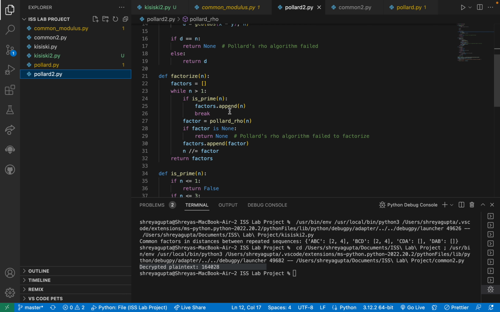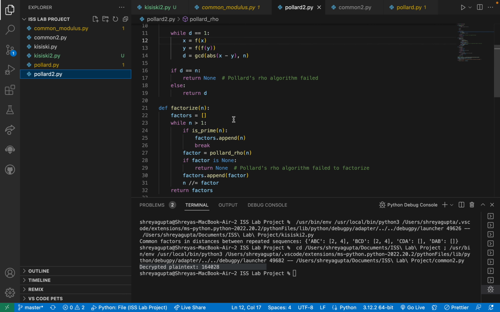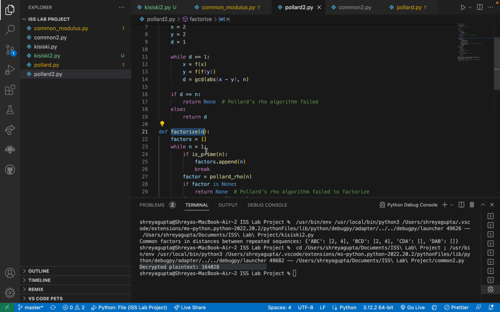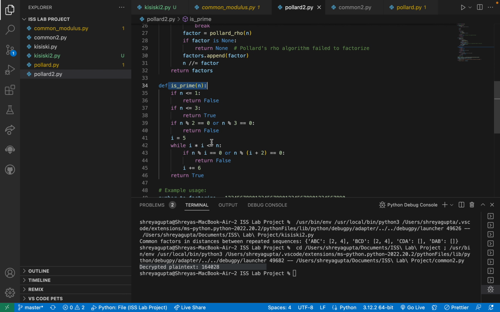So we have the code of it here. We are using a sequence of numbers to find non-trivial factors of the output. It includes a function to check if a number is prime. We have a function factorize that utilizes Pollard's rho to factorize a given number into its prime factors, while its prime check, is_prime, checks whether we are getting a prime number or not.